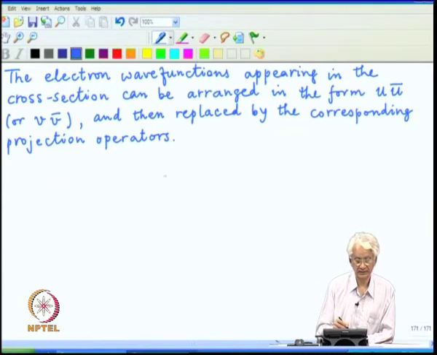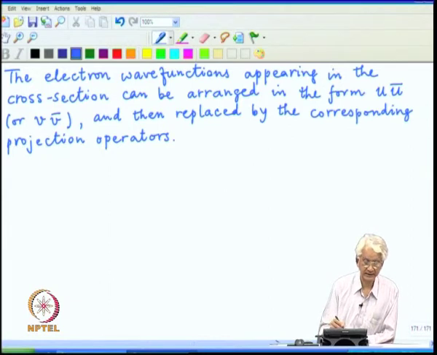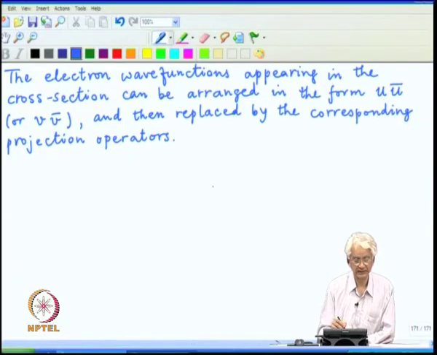The projection operators can decide between positive and negative energy solution, or also the corresponding up or down spin, whatever may be necessary. And I will just illustrate one particular case, the case of unpolarized scattering, in which both the spin projections appear with equal likelihood, and so they are summed over, they sum up to the identity, and the only projection operator remaining after that is the energy projection operator.